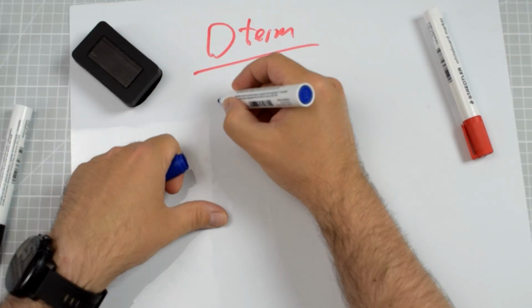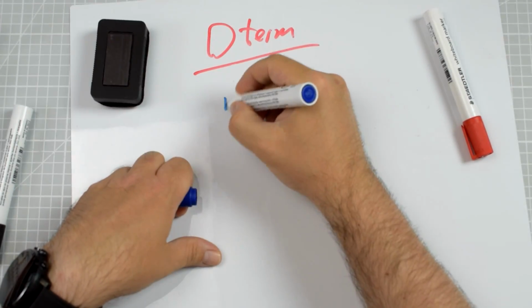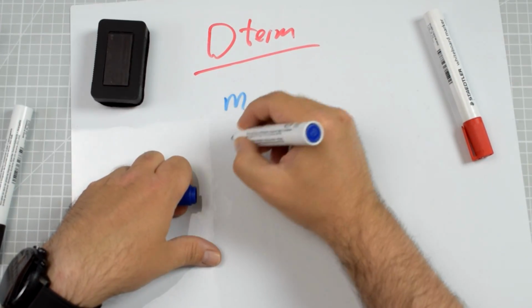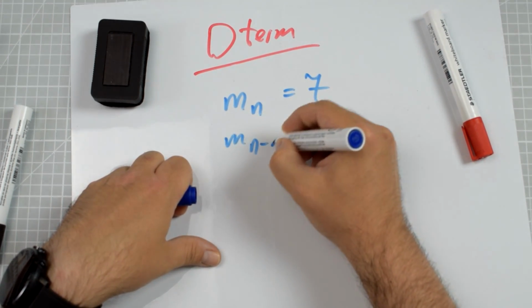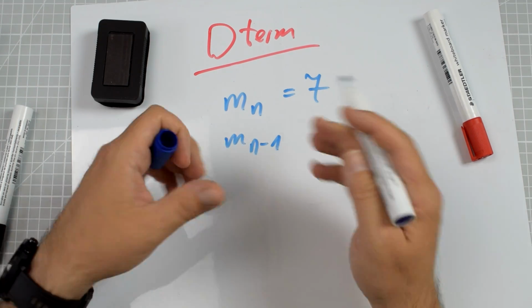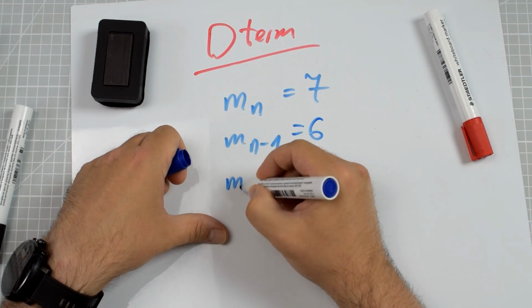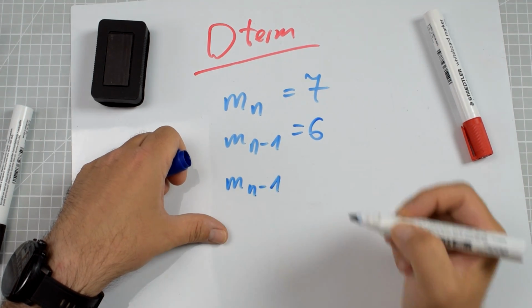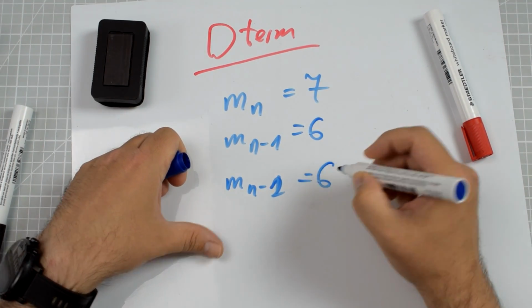For example, let's call it m, where m of n equals, for example, 7, m of n minus 1, that is the previous reading of, for example, the gyro signal, equals 6, and m of n minus 2, not 1, equals, for example, 6.